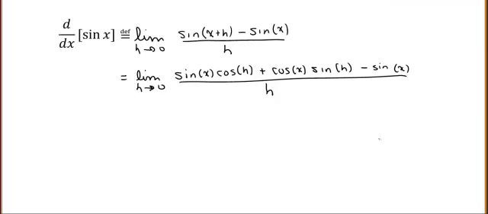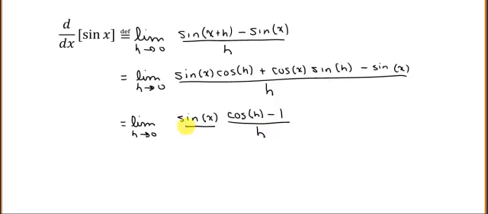All right, let's work on this. We have two terms involving sine of x. Let's combine those, and then we can take out a factor of sine of x. If we do that, we'll have the limit as h approaches 0 of sine of x that I've taken out, times what will be left in the first term, cosine of h minus 1 from the last term, all over h.